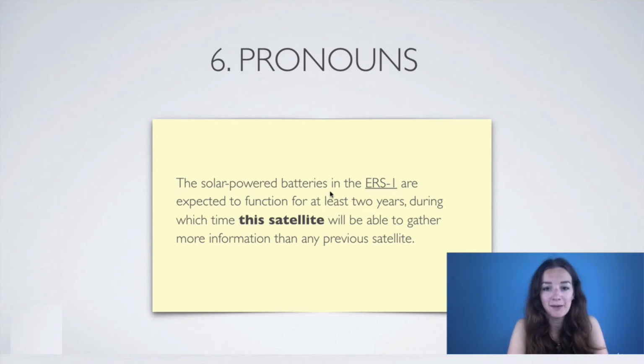The solar-powered batteries in the ERS1 are expected to function for at least 2 years, during which time this satellite will be able to gather more information than any previous satellite." So here we have the pronoun, "this satellite," and now it's obvious for us that ERS1 is a satellite, right? So this pronoun helped us find the synonym of this word. Okay, so pay attention to pronouns as well.